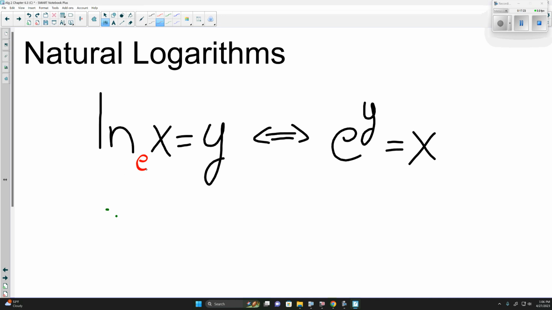Just like with the log base 10, where we don't have to write the 10, here we don't have to write the e, but the property still holds true: the natural log of x equals y if and only if e to the y is equal to x.